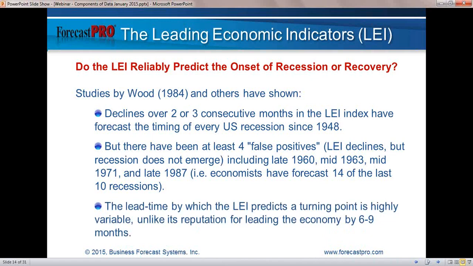So that last bullet is saying the lead time by which the LEI predicts the turning point is highly variable, unlike its reputation for leading the economy by 6 to 9 months. To me, 6 to 9 months is already pretty vague, and loosening that up to get again 14 out of the last 10 recessions is not a great track record.